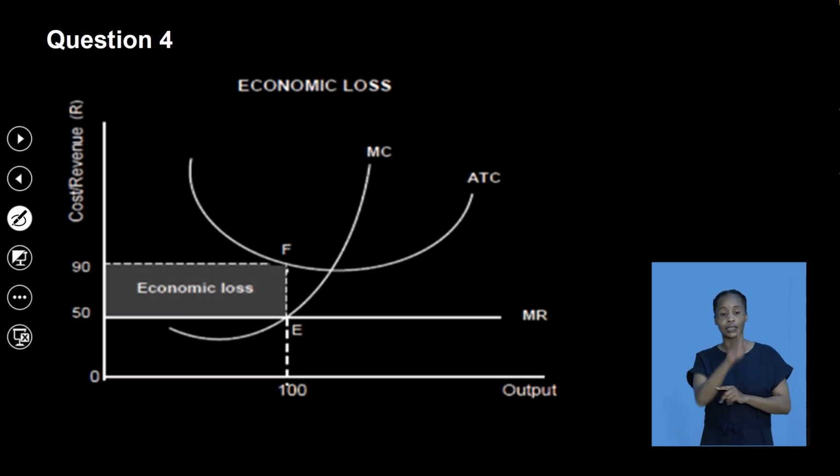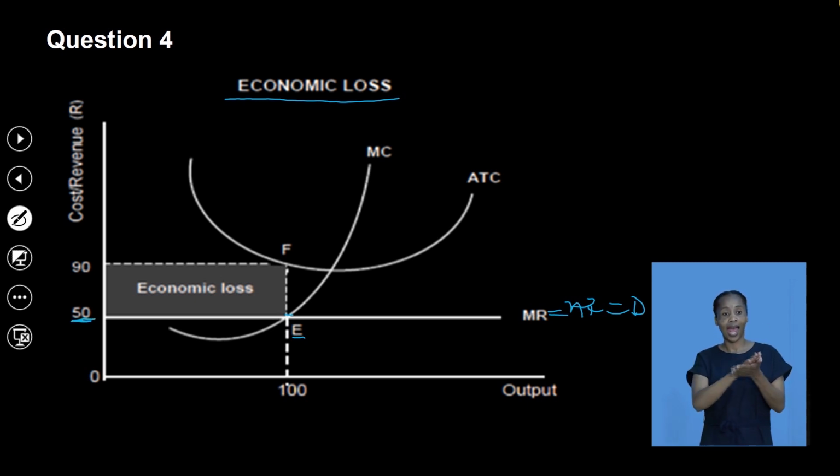So there we are given a graph, and normally with graphs, the graphs come with a heading. This one says economic loss. As you can see, guys, from the graph there, this is our profit maximization E, and this is our AR. It's normally AR equals D. Straight down on the vertical axis, there is our demand curve and our AR curve.